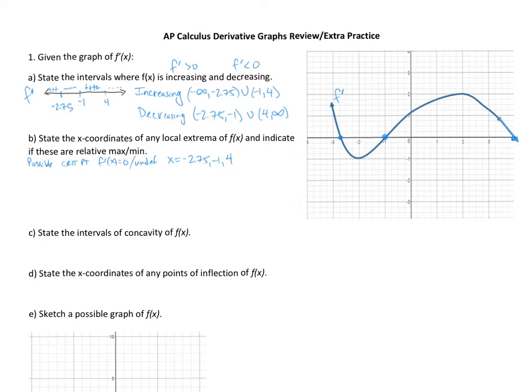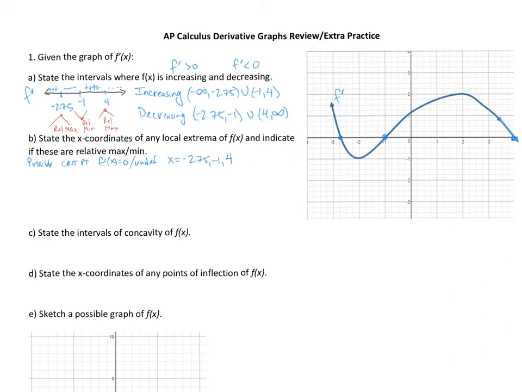Okay, so let's go ahead and take a look and determine these are possibles. How do we know if they are for sure? Well, we have to examine these on our number line. We see that the slopes at negative 2.75 increase before that, and then they decrease after that. So this ends up being a relative maximum. Over here we have negative slopes to a positive slope. That ends up being a relative minimum. And over here we end up with positive slopes to negative, so that's going to be a relative maximum.